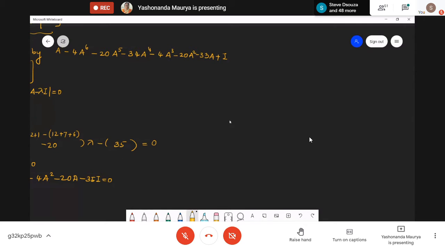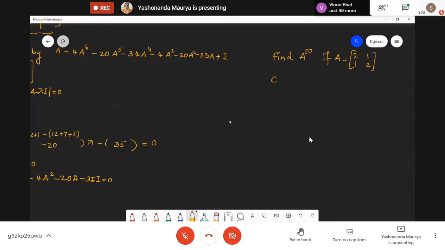Suppose we are asked to find a raised to 50, if A is equal to the matrix [2 1; 1 2]. How can we solve this one?